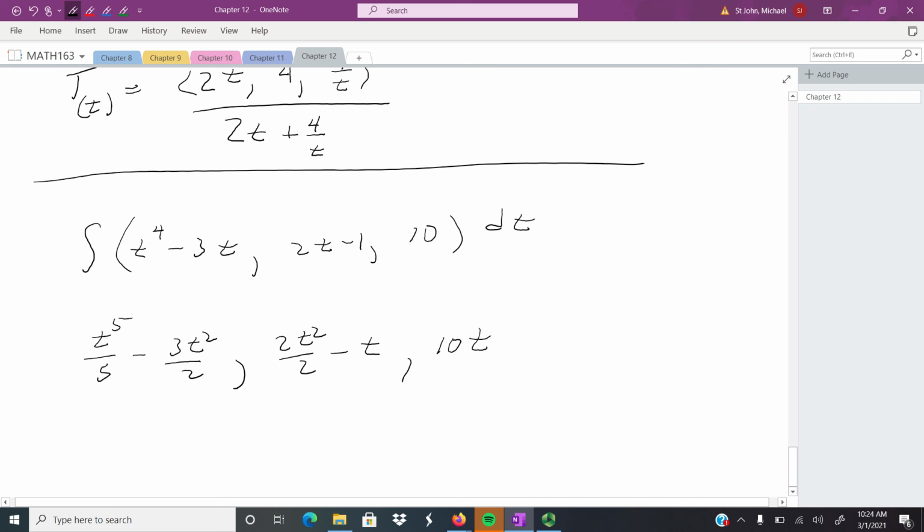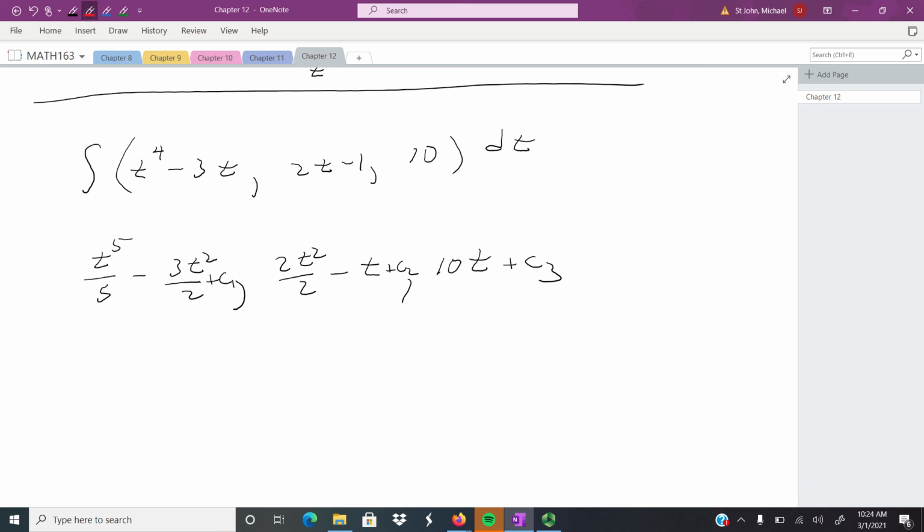Now again, these are indefinite integrals, so for each one of these we have a constant. So we're going to say plus c1, plus c2, plus c3. But then we'll just say c is going to be the combination of all these individual constants.